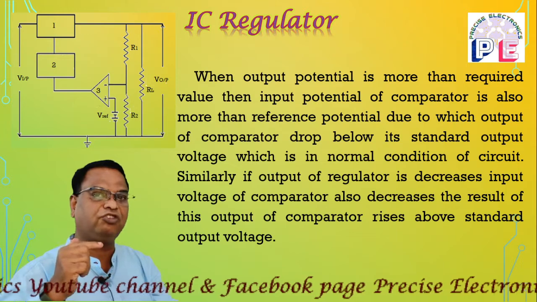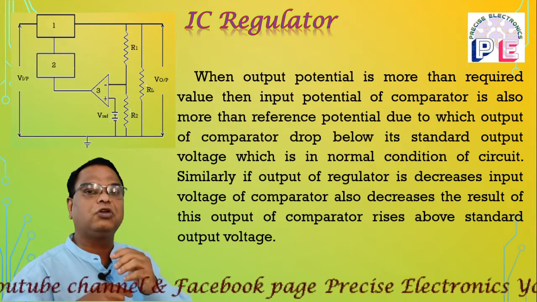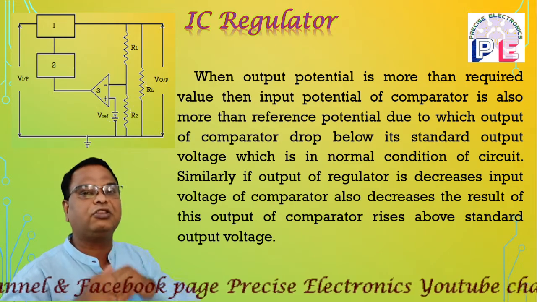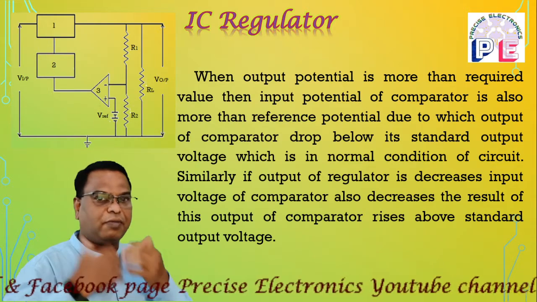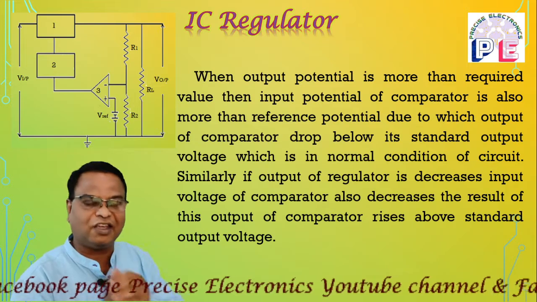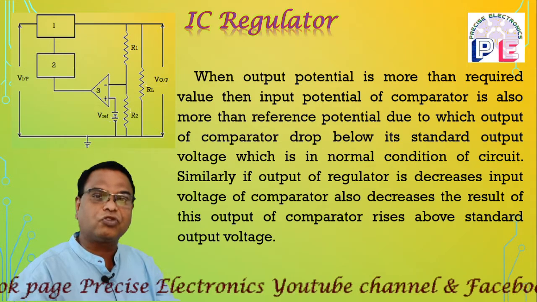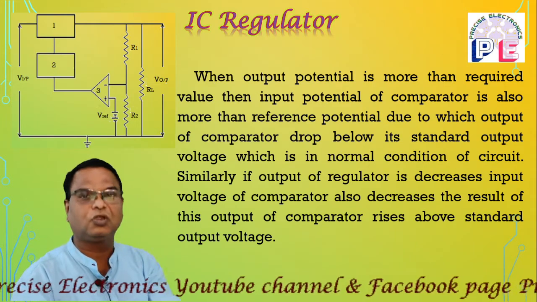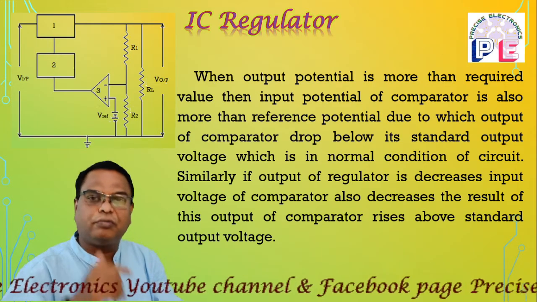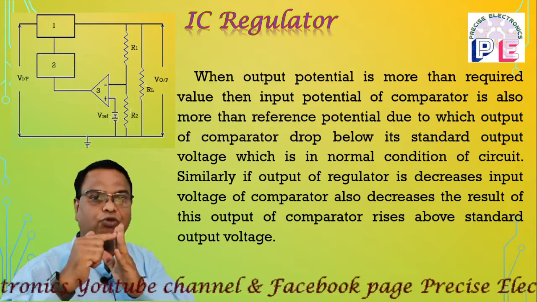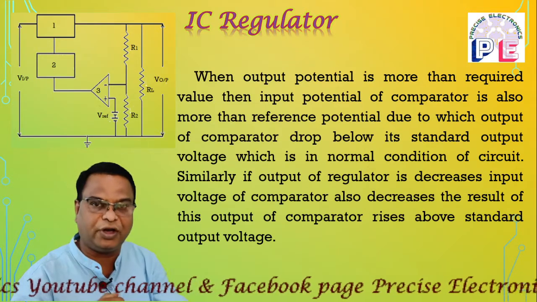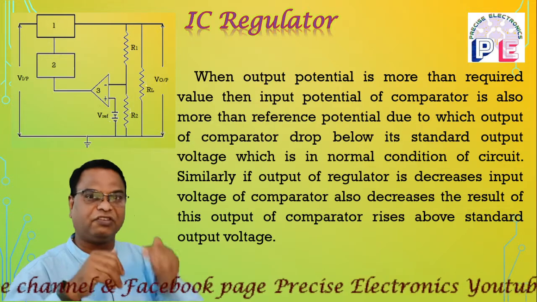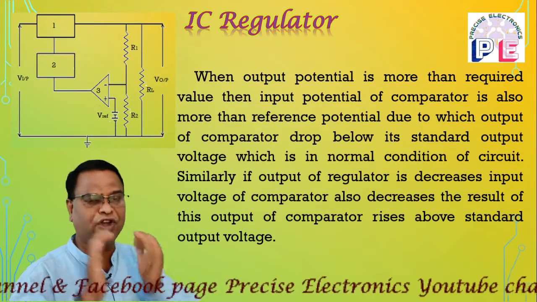That means the inverting potential is now greater than the reference potential. Earlier it was 6, now it is 7. Due to which the output of the comparator decreases by 1 volt. Why? Because the input potential applied to the inverting terminal increases by 1. The output of the error amplifier decreases by 1 volt.